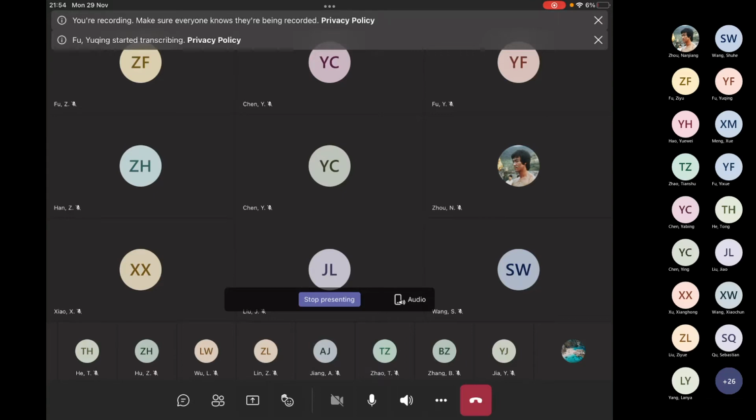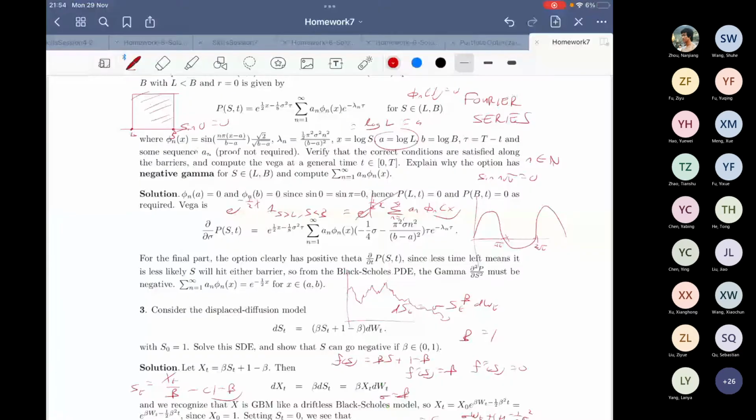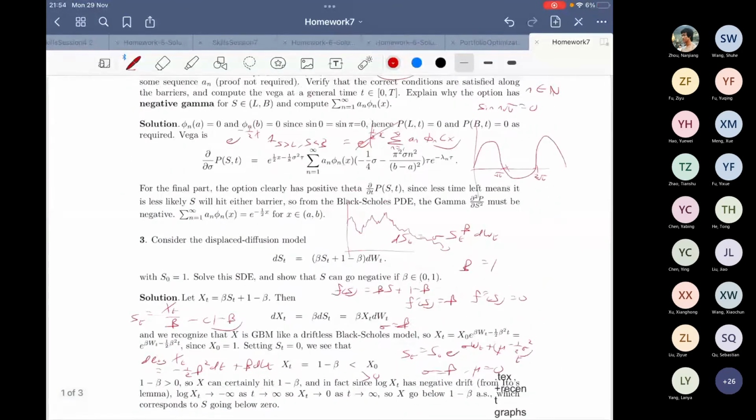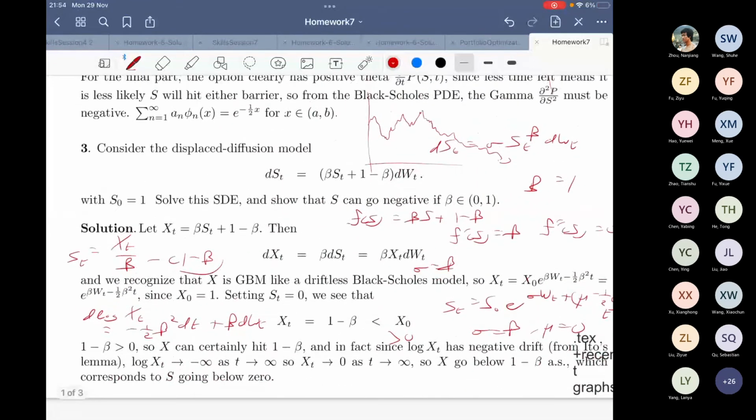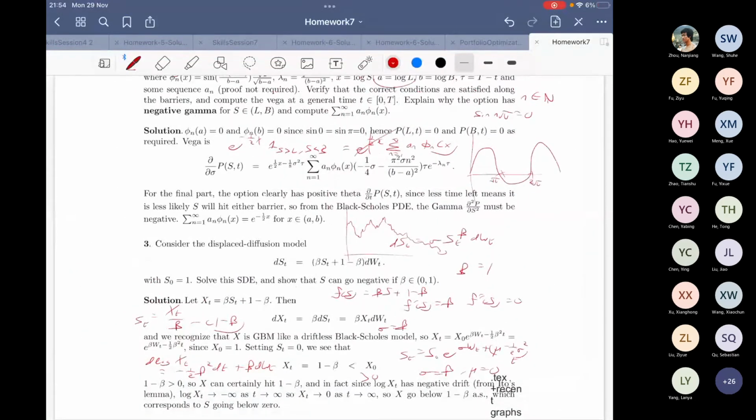All right, there is a question: question 3, analysis for the final paragraph. I've said this before, don't forget about this. In general, let's say the Black-Scholes model, and let's just work under the physical measure, for instance. So it's dS_t = mu S_t dt + sigma S_t dW_t.